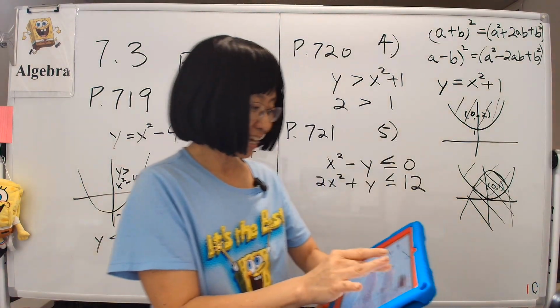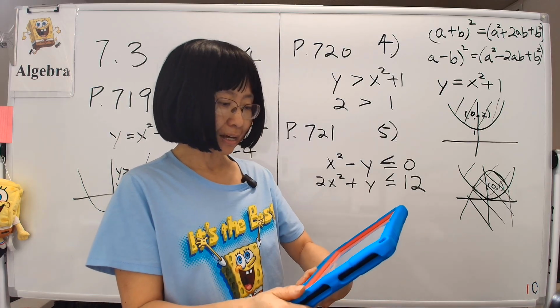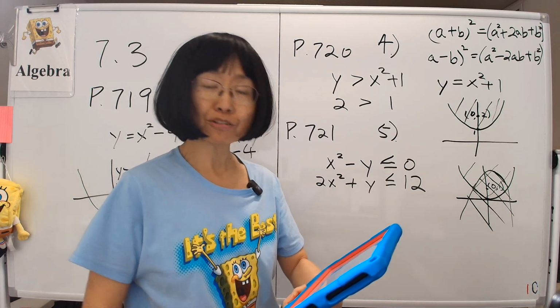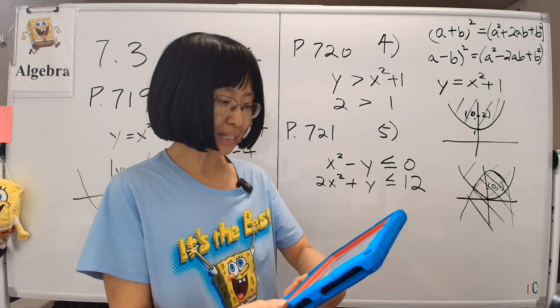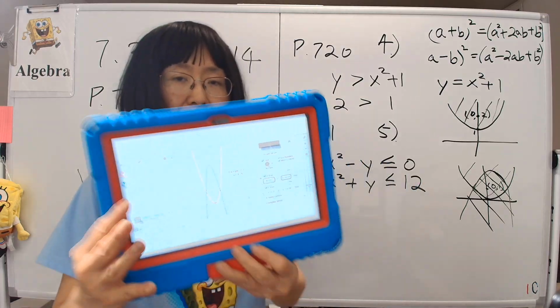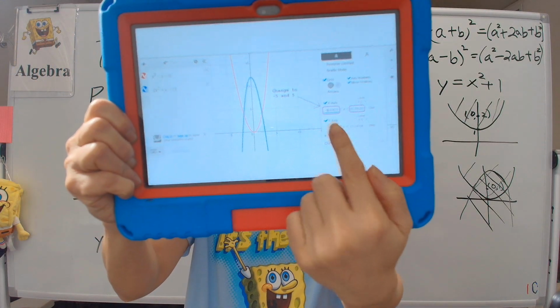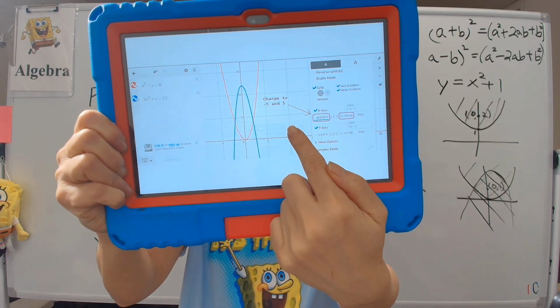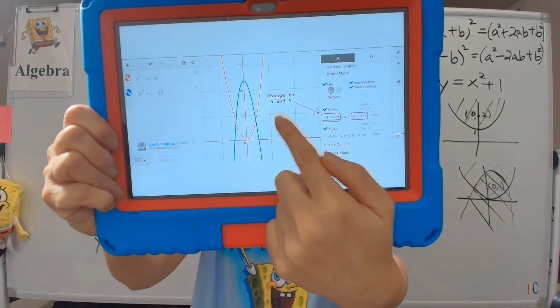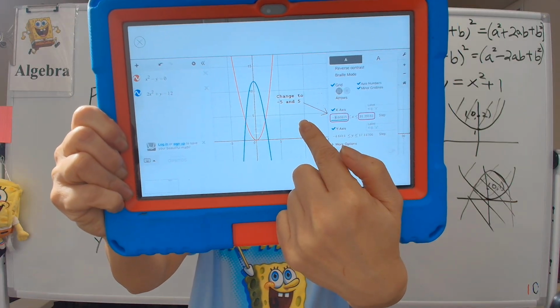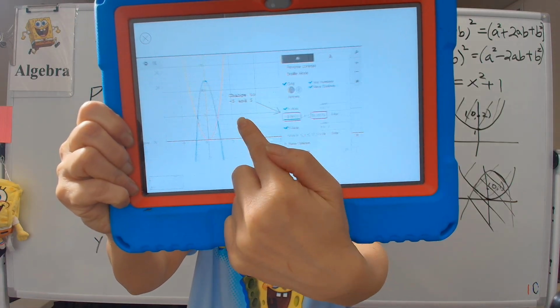I want you to do that because it gives you more experience using Desmos. Also remember, if the graph is sitting over here and in your way and you want to move it, you just push the mouse down, keep it down, and drag it over here.